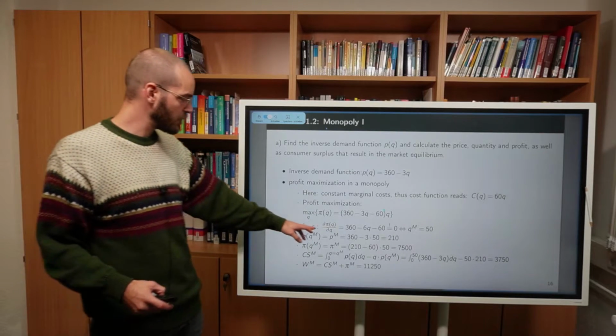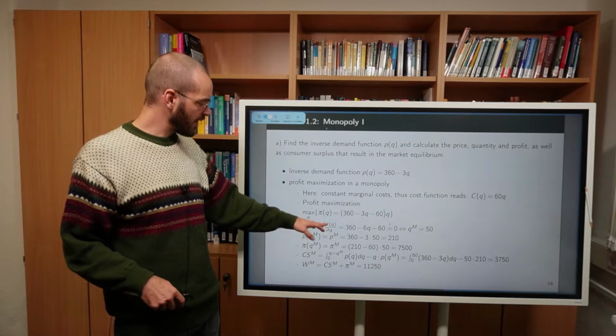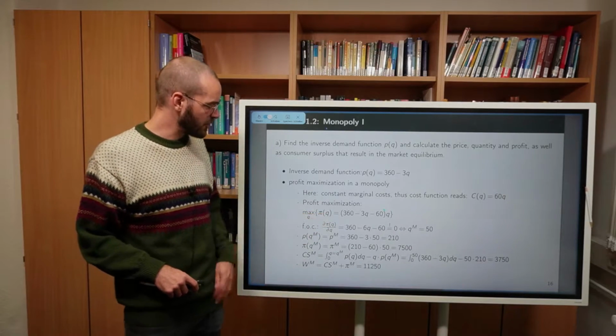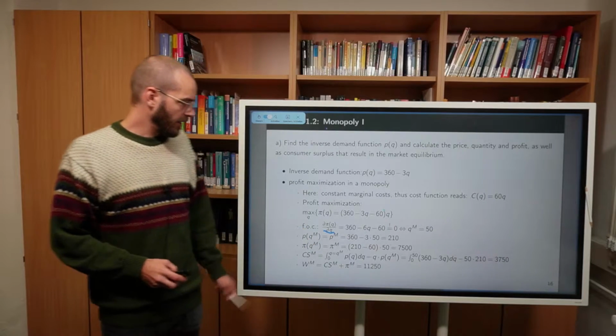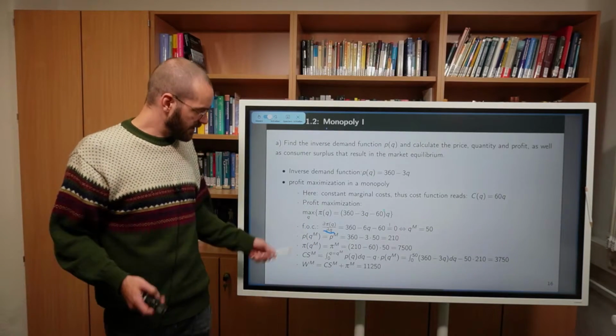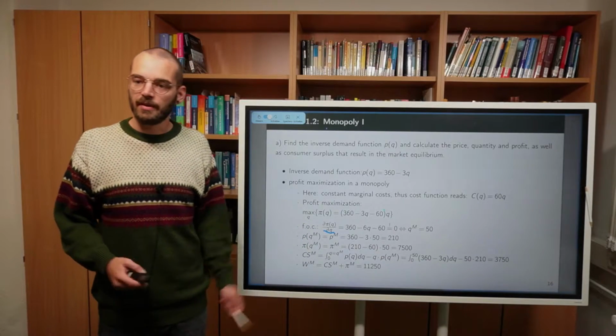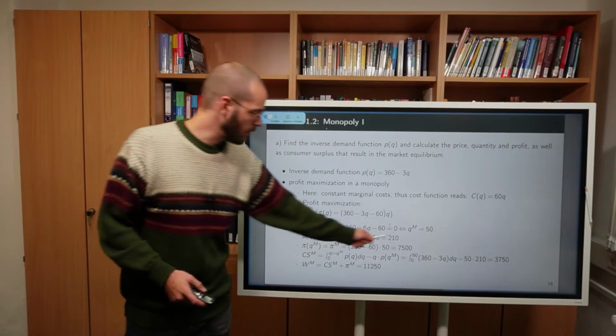And the first order condition, of course, is the partial derivative of the profit function with respect to the quantity Q. And the first order condition of this maximum, of course, is that this partial derivative has to be equal to 0, right?